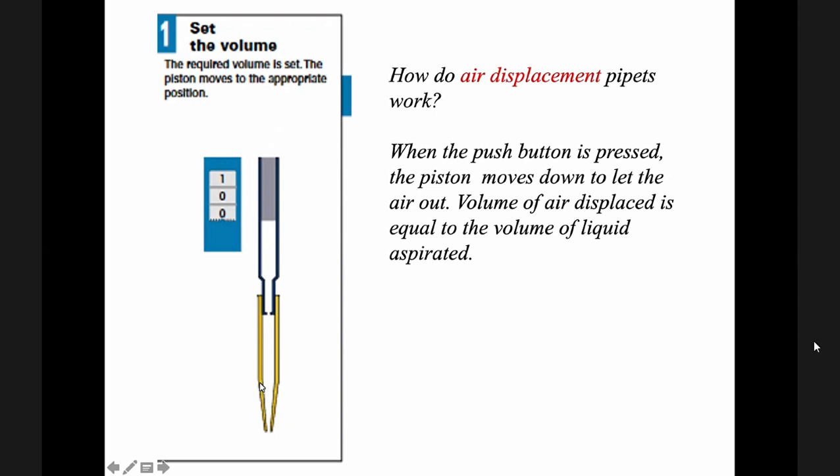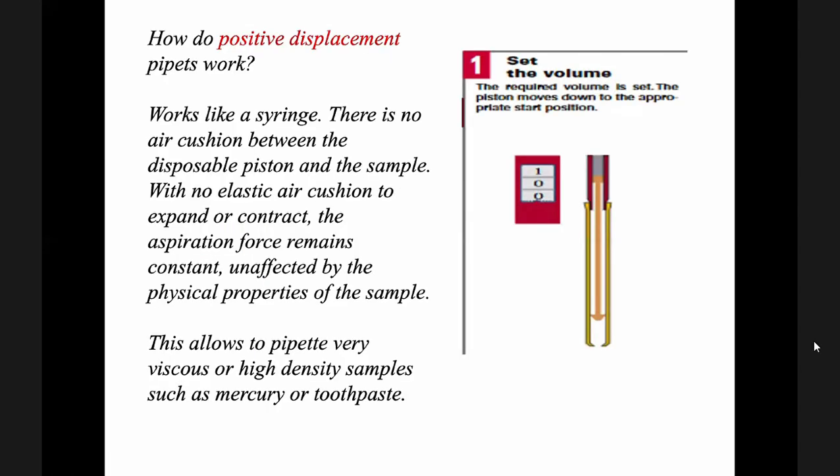The volume of the air displaced is equal to the volume of the liquid aspirated. Next, what about the positive displacement pipettes? The principle is also the same, but it allows very viscous or high density samples such as mercury or toothpaste.